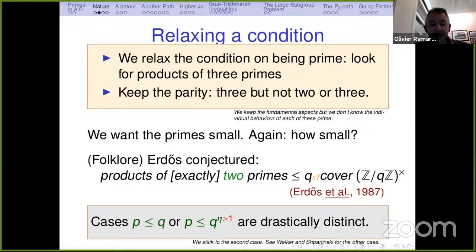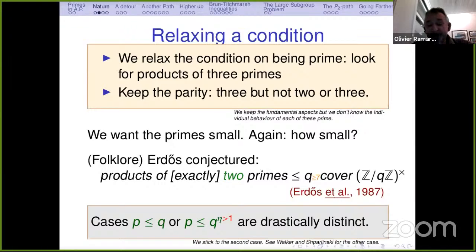Some people like Shparlinski and Walker, they relaxed the parity condition. They look at the product of at most that many primes in a congruence condition. It's a different stream of research. There's a funny conjecture by Erdős. I don't know exactly when Erdős stated that, because Erdős stated so many conjectures.